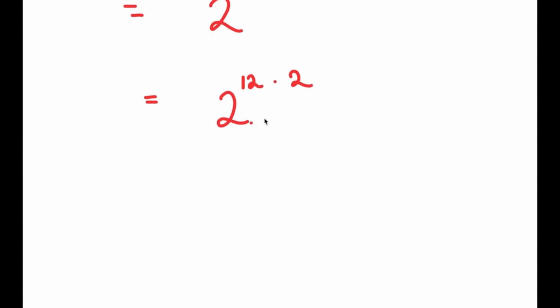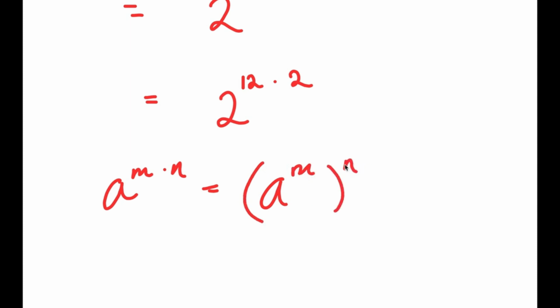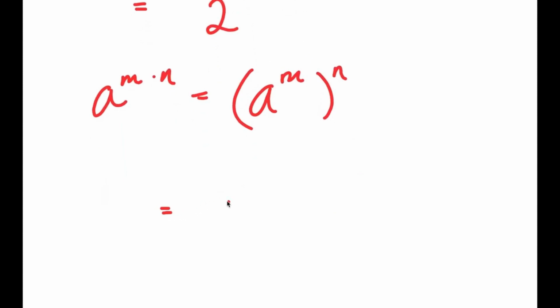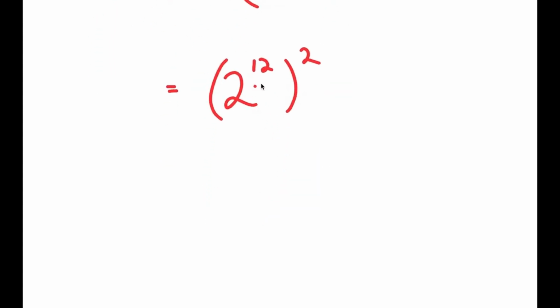The reason I did this is because I can now use the property a to the power of m times n is equal to a to the power of m to the power of n. So 2 to the power of 12 times 2 is equal to 2 to the power of 12 to the power of 2.